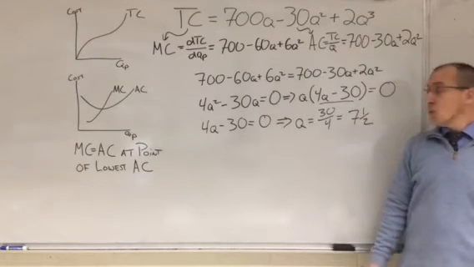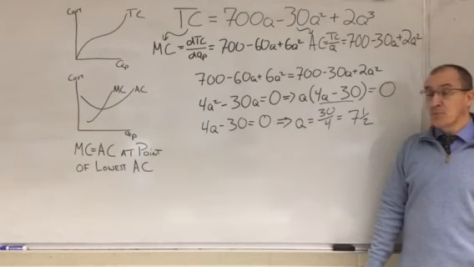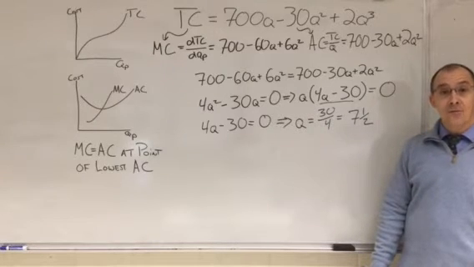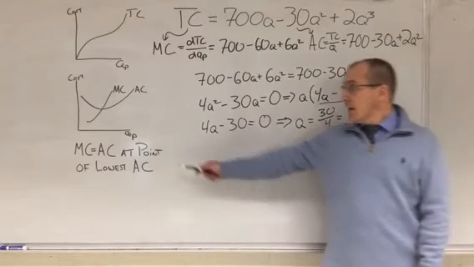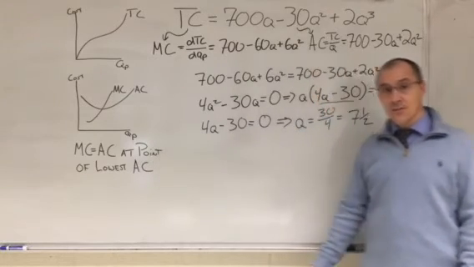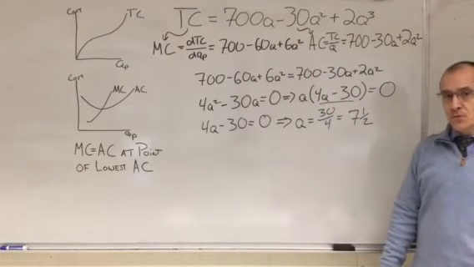So at 7.5 units of production, my marginal cost will be equal to my average cost, which is my point of lowest average cost. So I know how many units to produce.